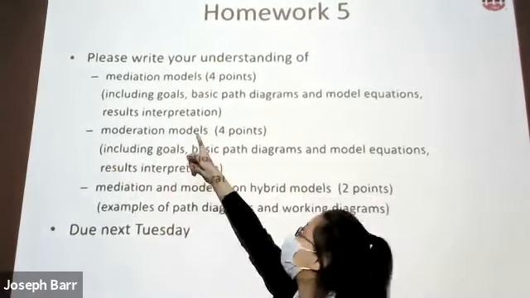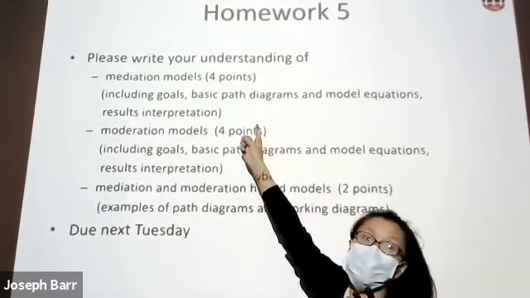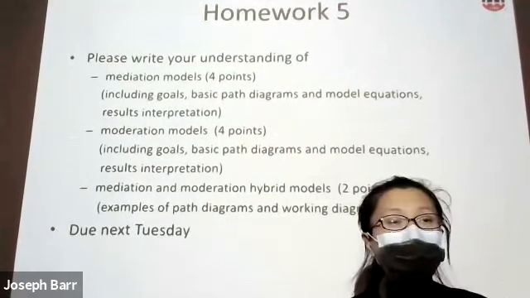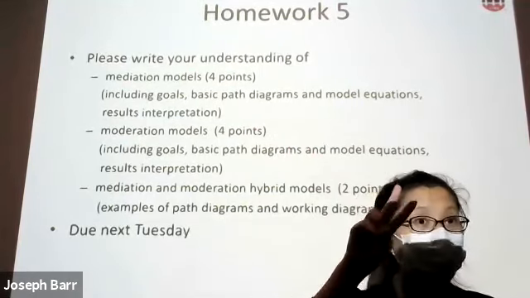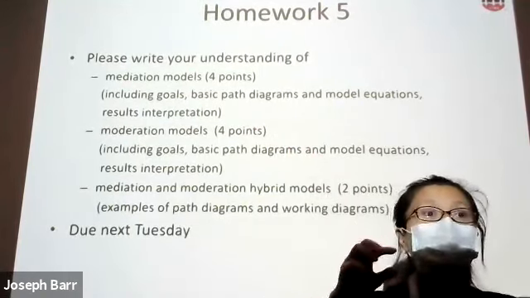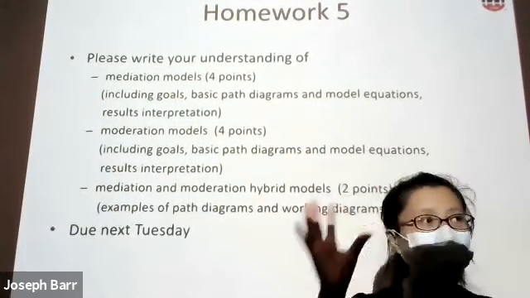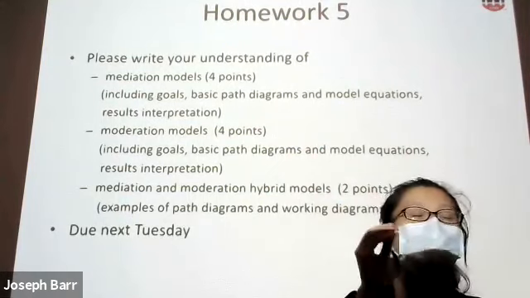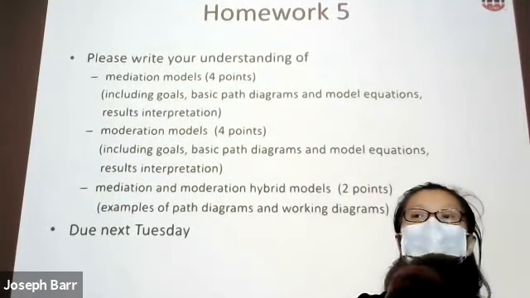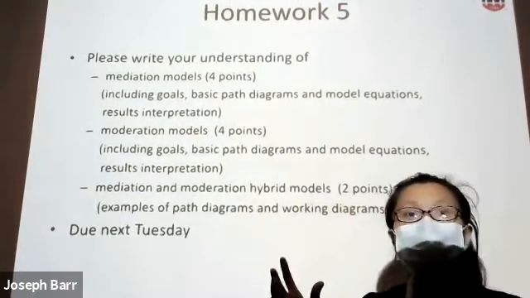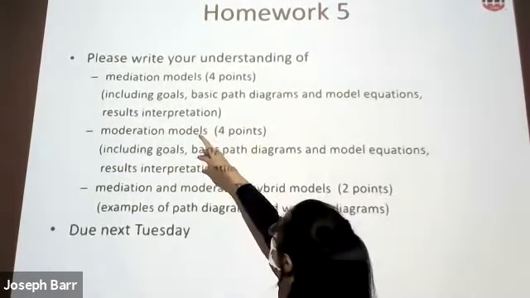Just use a basic path diagram to show your mediation model and equations. Show me your equations. In mediation, we have 2 equations. Of course, you should use the coefficients and the variables, and the assumptions. What kind of assumptions do you make for the mediation?